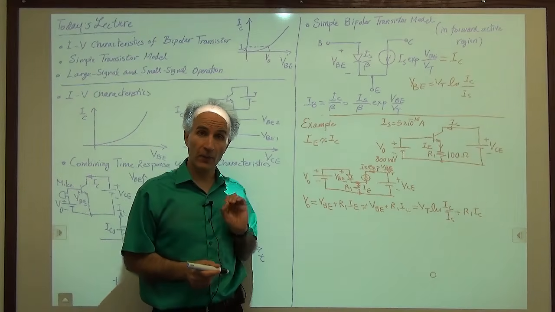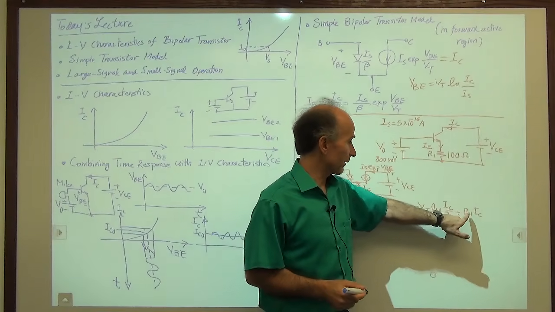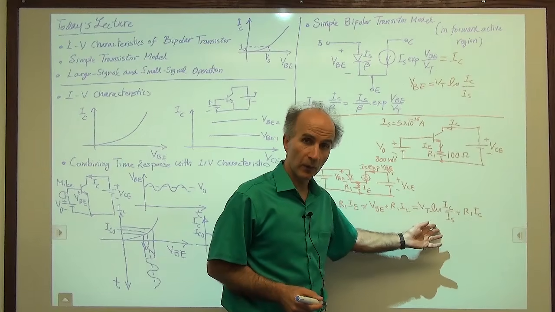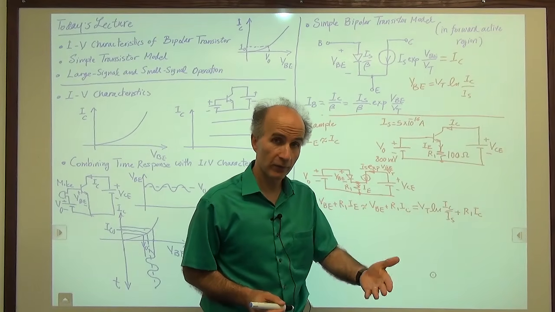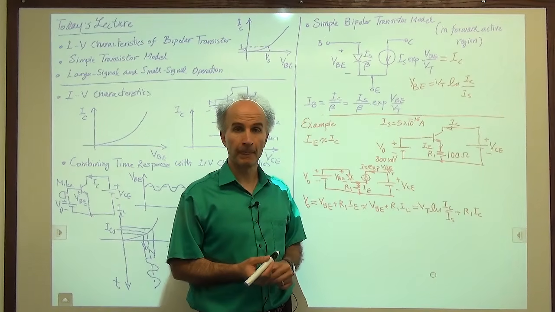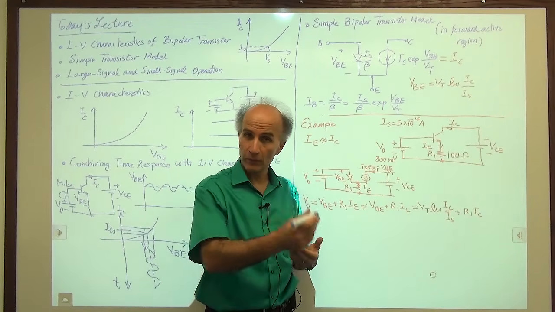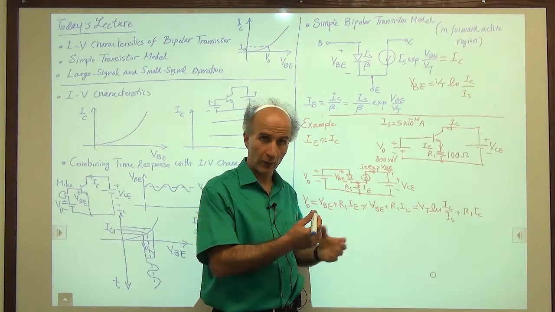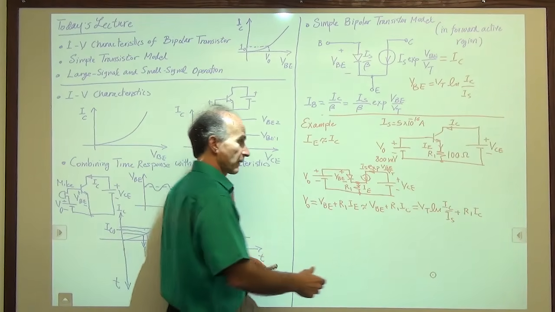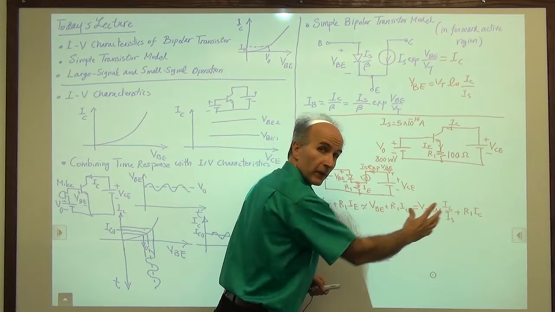So now you begin to see the problem. We have V0, VT, IS, R1, and we are looking for IC. And this is a nonlinear equation that does not have a closed form solution. So how do we solve this problem? Well, if we have numerical values, as we do here, we can do it by iteration. So let me show you how we do that. Now for iteration, we try to have some term that includes IC on the left and some on the right.